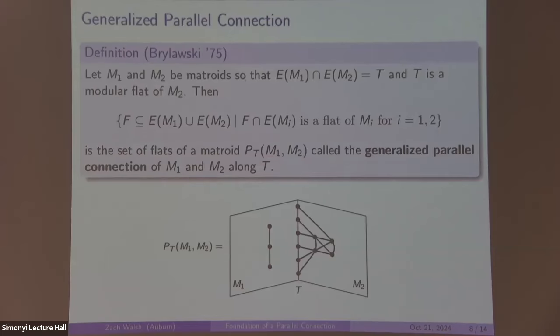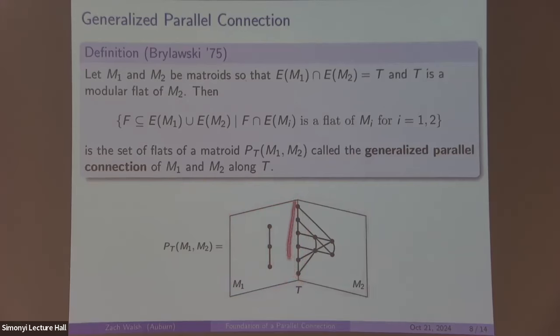It's a pretty long definition. What you should probably do is just look at this picture. Here's an example. This matroid is M1, a rank 3 matroid. These lines are the hyperplanes with at least 3 elements. And this is another rank 3 matroid M2.